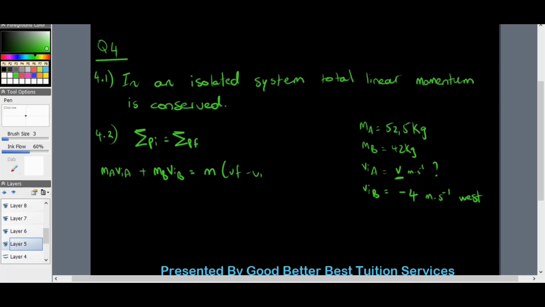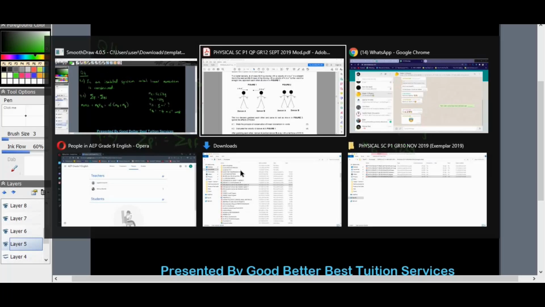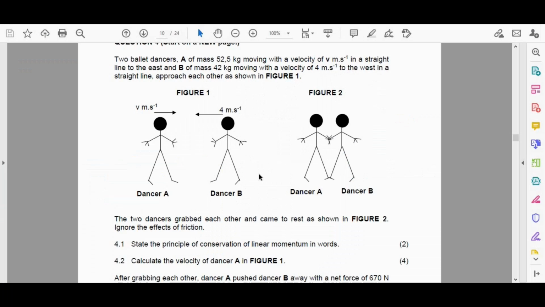Sorry, that's incorrect. Let me just correct this quickly. I wrote the formula down wrong. It's vf of everything on this side, so we take vf out, and mass A plus mass of B. Now we know that vf was equal to 0 here because they say they come to rest as shown in figure 2.